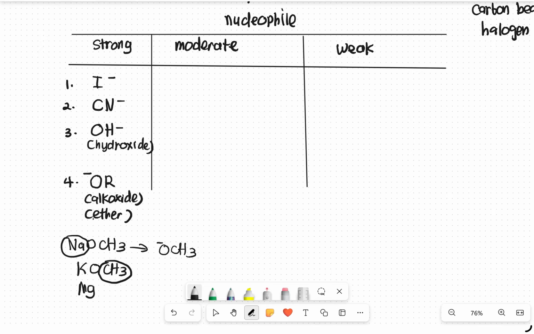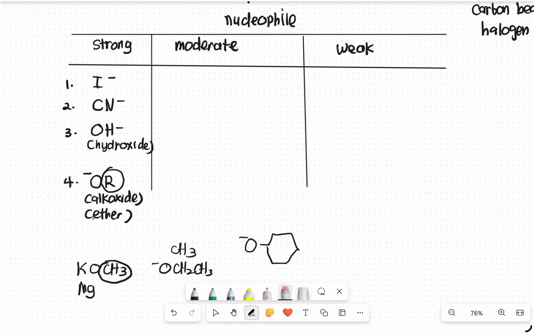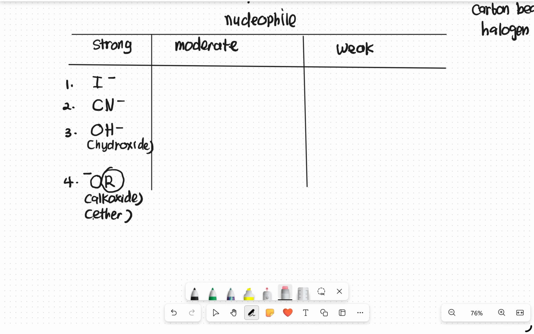As long as an alkyl group is attached, it can be OCH2CH3 or another group. As long as an R group is attached, it can be alkyl, aryl, or cycloalkyl. CH3 is just the simplest structure, for example purposes only.